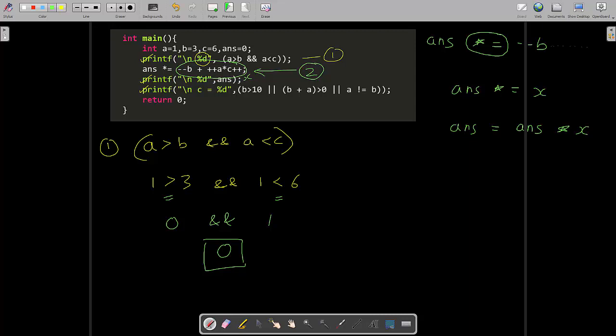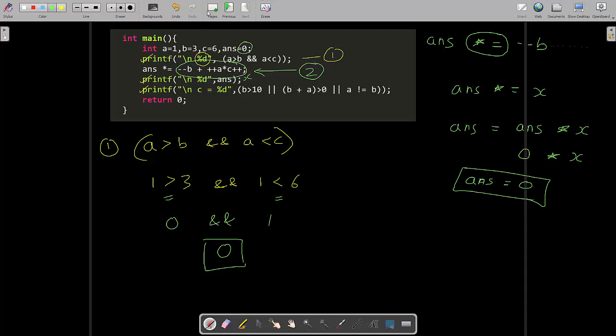Okay, so what this means is that this is nothing but answer is equal to answer into x. It doesn't matter what the value of x is, because the value of answer here is 0. So 0 into anything is going to be 0. So this is a simple problem, and your answer is going to be 0.